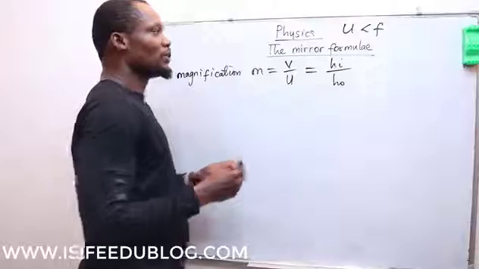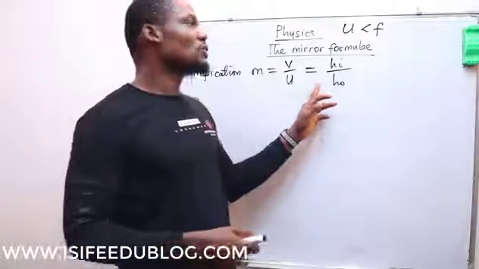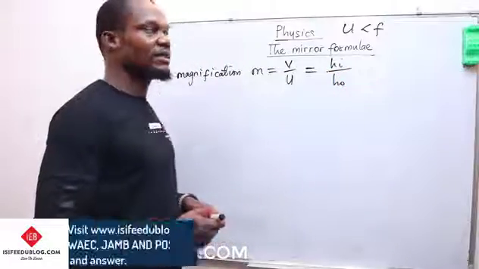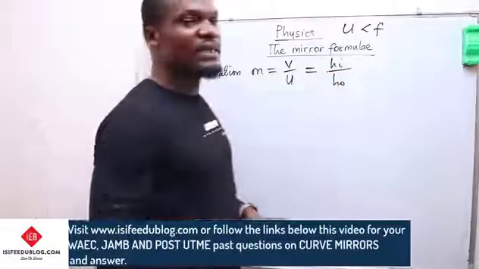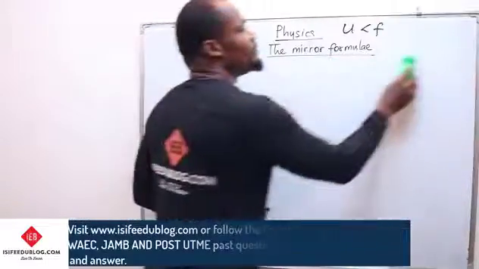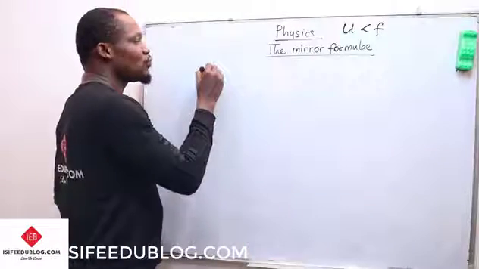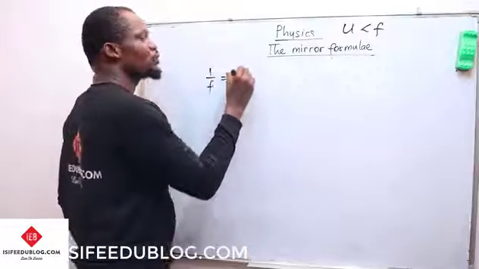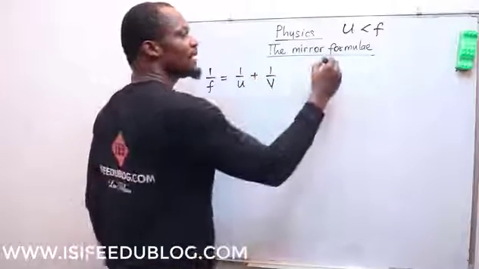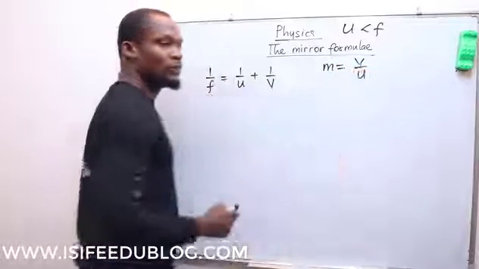So magnification is image distance over object distance, and it is also equal to image height over object height. So let us take a look at another formula for magnification when a concave mirror forms a real image. Please remember that 1 over F is equal to 1 over U plus 1 over V, and M, magnification, is equal to V over U.